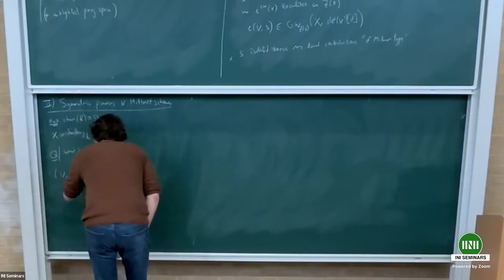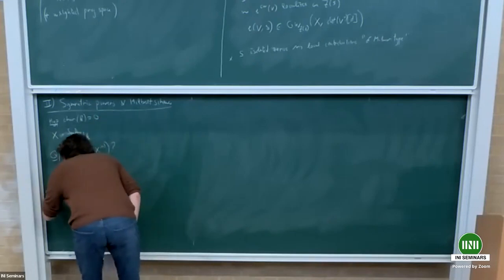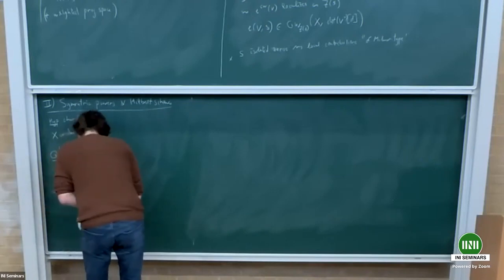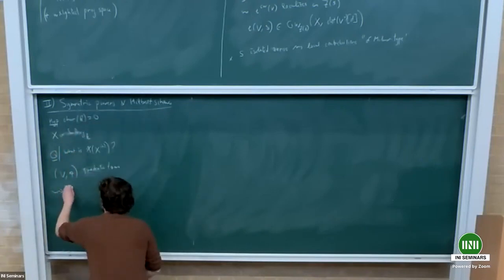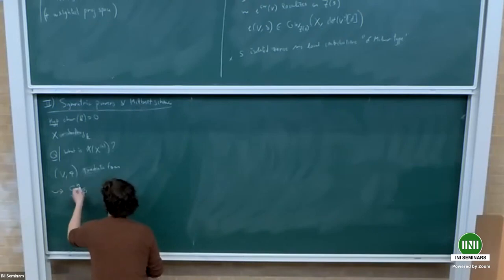So let's say that I have a quadratic form. Then I can form, and here I'm also using characteristic 0. I mean, in general, there's an alternative construction. I'm going to define this form.